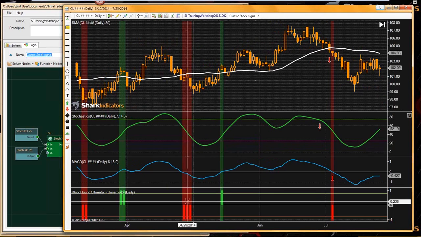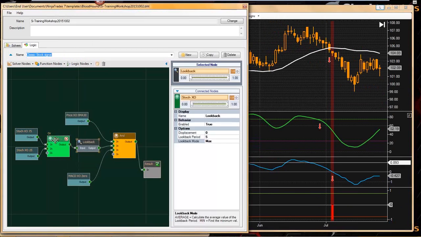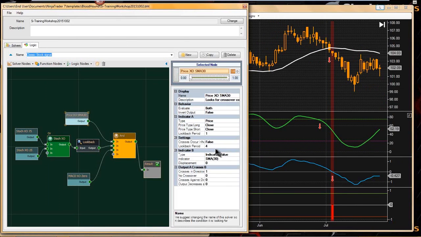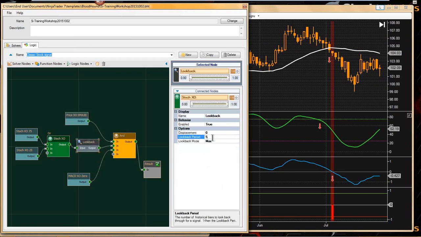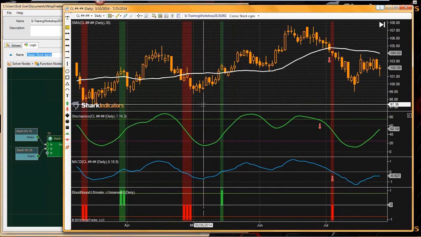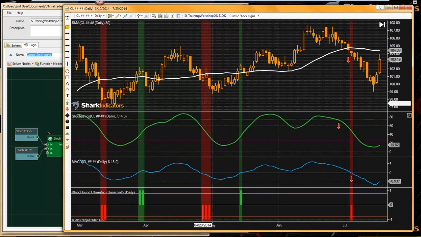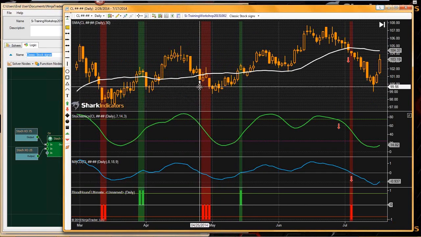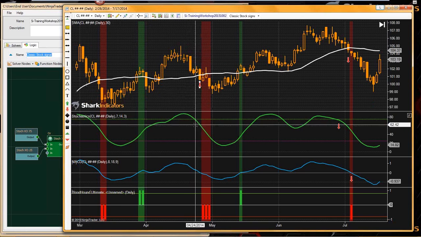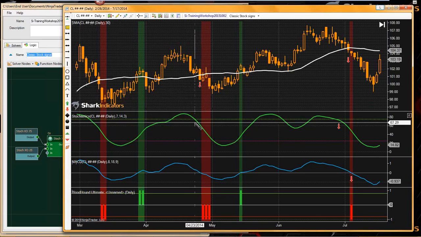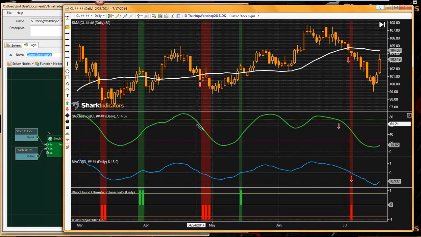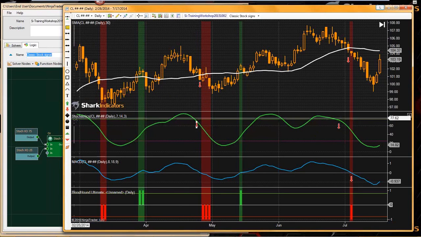So sometimes, when you're just using look back periods, as we're doing, sometimes you will get multiple signals in a row. And let's take a look here. So we got price crossing down here, and looks like our stochastic crossed down there.